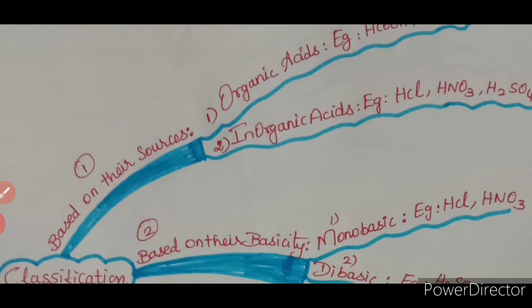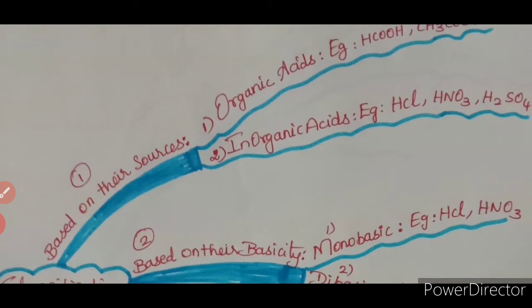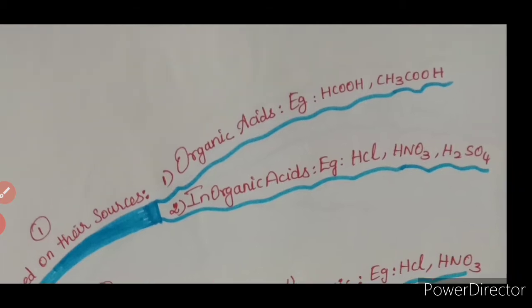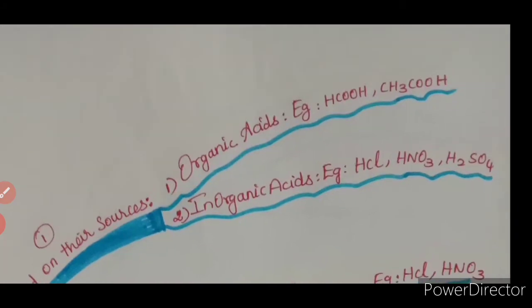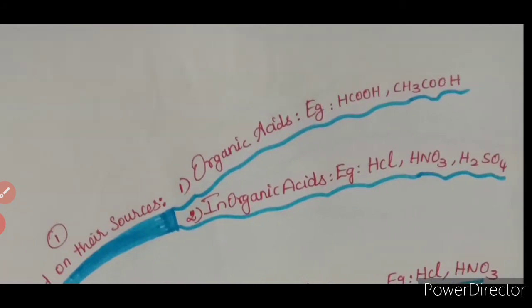See here, the classification based on sources itself has 2 types: organic acid and inorganic acid. What is organic? Organic acid means the acid that is present naturally.